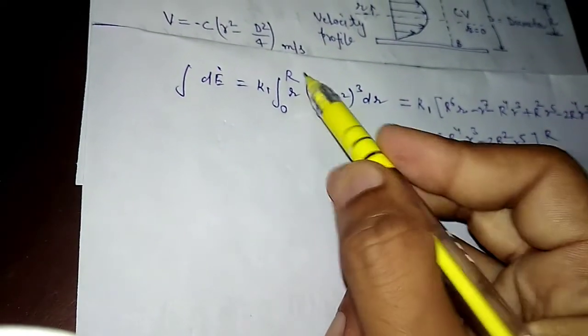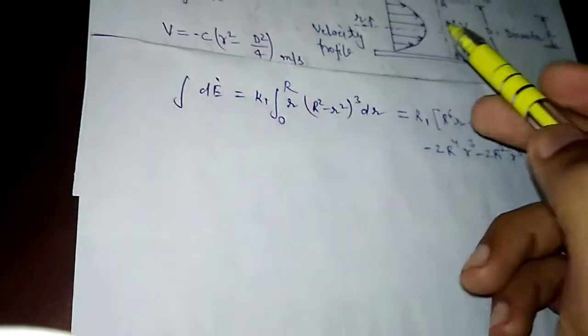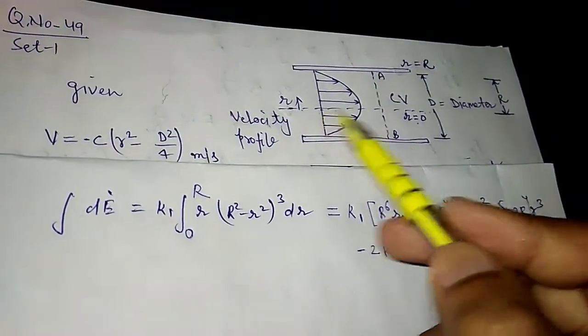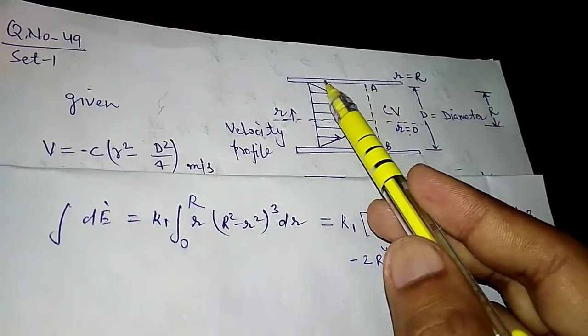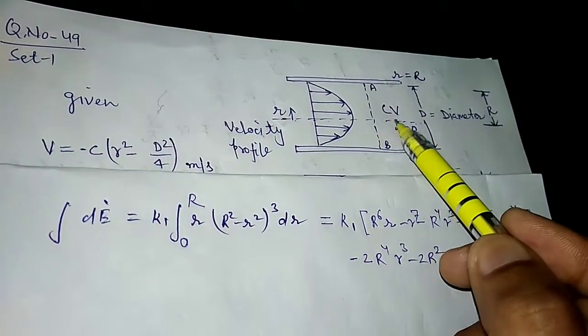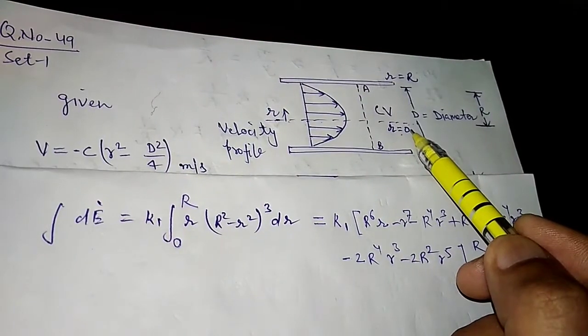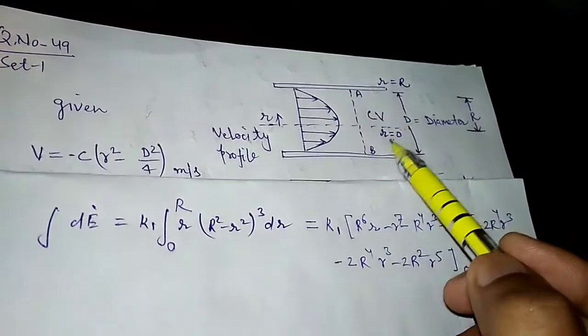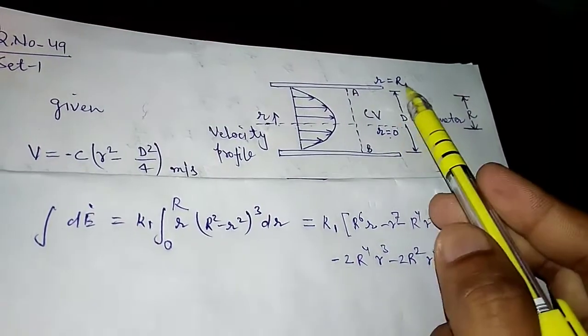This distance r will go from the pipe central line to the internal surface of the pipe. So small r will go from 0 to capital R at the internal surface of the pipe. So lower limit will be equal to 0 and upper limit will be equal to capital R.